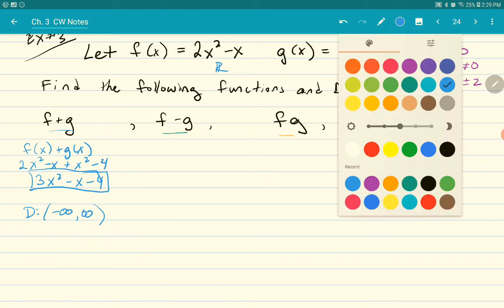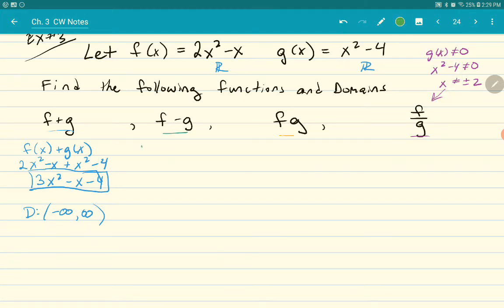All right, moving on to subtraction. So a similar process, except this time it becomes crucial to have your parentheses around the second function so I don't forget to distribute the negative to each piece. So distributing that, before I combine like terms, I have to distribute. So I get minus x squared plus 4.